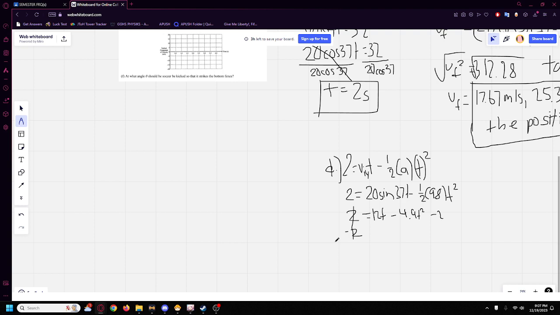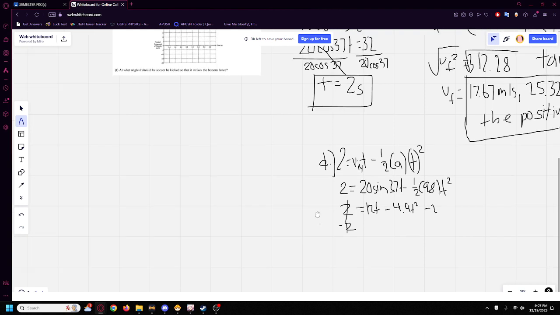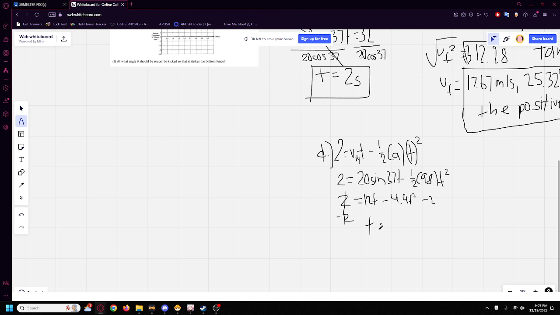After using the quadratic solver, you get t is equal to 0.17 seconds.